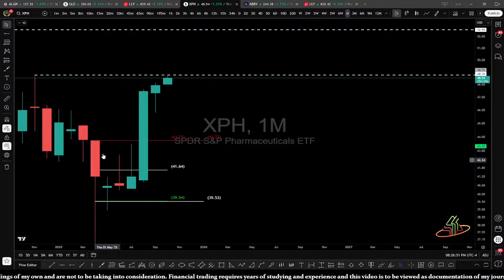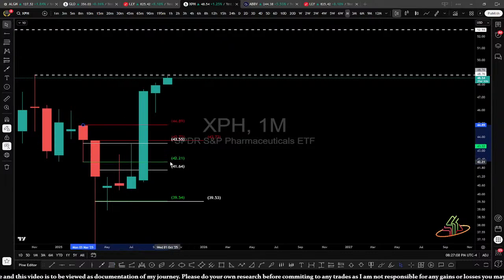In the process of fighting this red candle, if we come to this candle right here and do the 50% thing, first let's pull it out here real quick. You can see that this green candle ended on the 50% of this candle. This green candle also blew way past 50% of this candle.